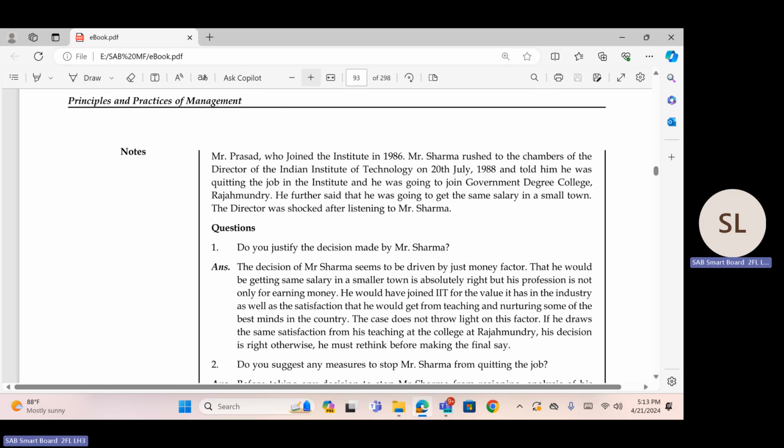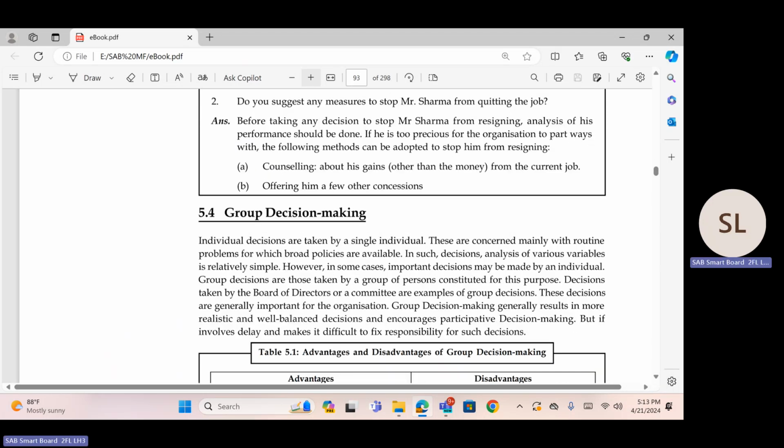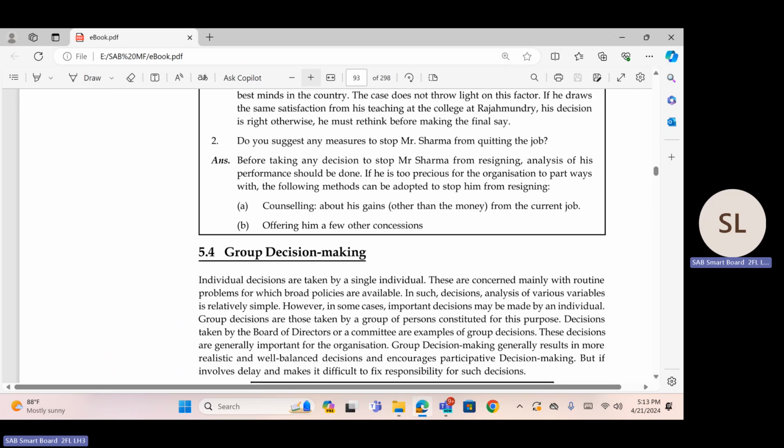Second question is, do you suggest any measures to stop Mr. Sharma leaving the organization or quitting the job? Then the senior manager should consider what he has considered, expected.